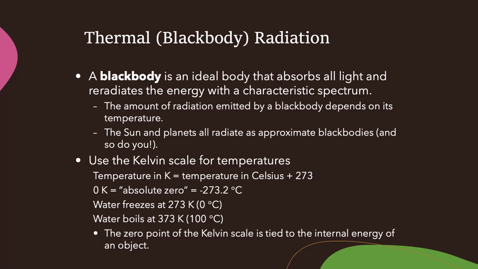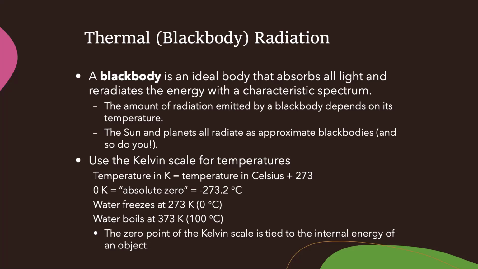So here in the United States, we are very used to describing temperature in terms of degrees Fahrenheit. Elsewhere in the scientific community, we describe temperature in terms of degrees Celsius, and in some cases in Kelvin. Kelvin doesn't have degrees associated with it, it's just Kelvin.